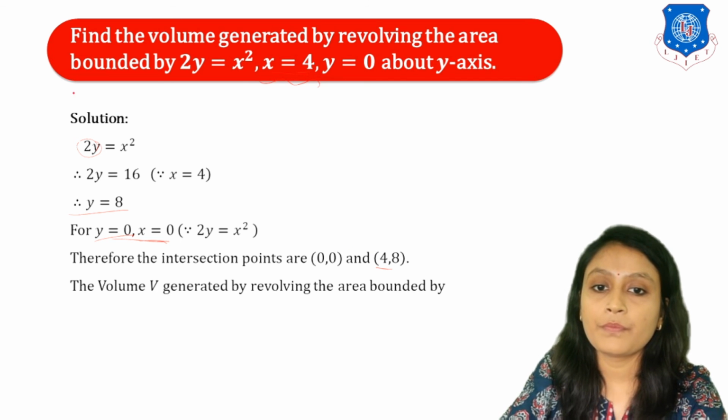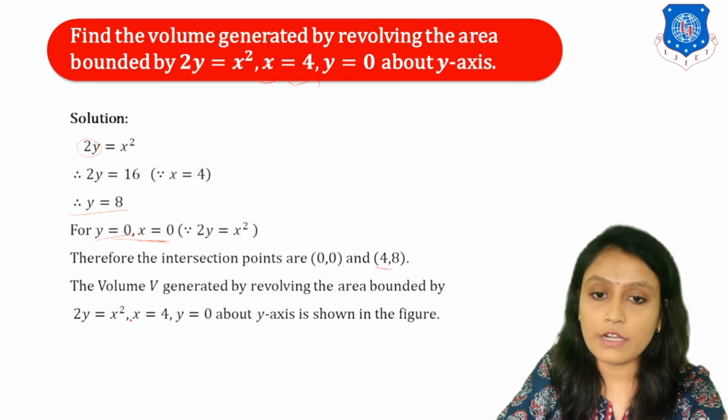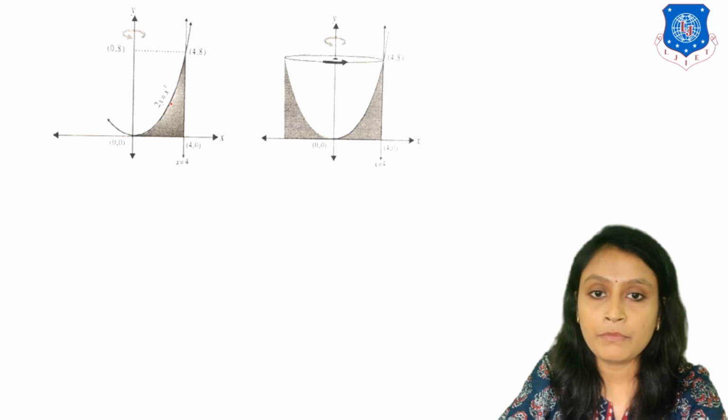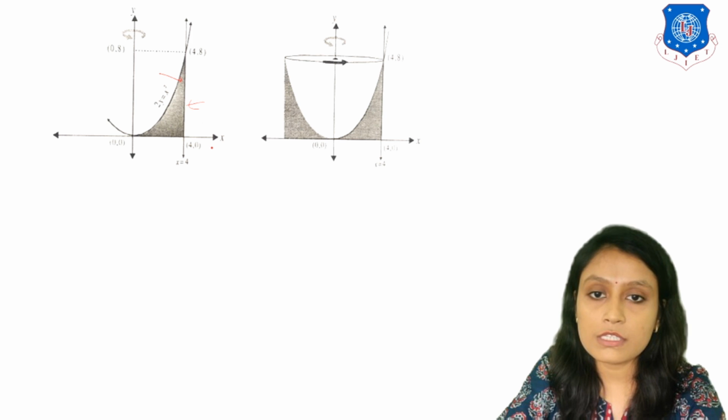Okay, now the volume V generated by revolving the area bounded by 2y equals x squared, x equals 4, y equals 0 about the y-axis is shown in the figure. Here this is 2y equals x squared, this is the line x equals 4 and the intersection points are (0, 0) and (4, 8).